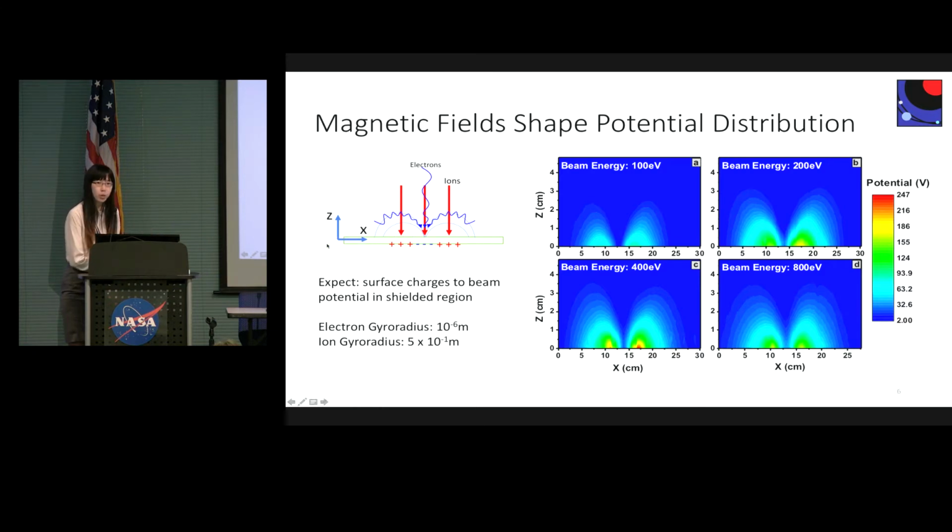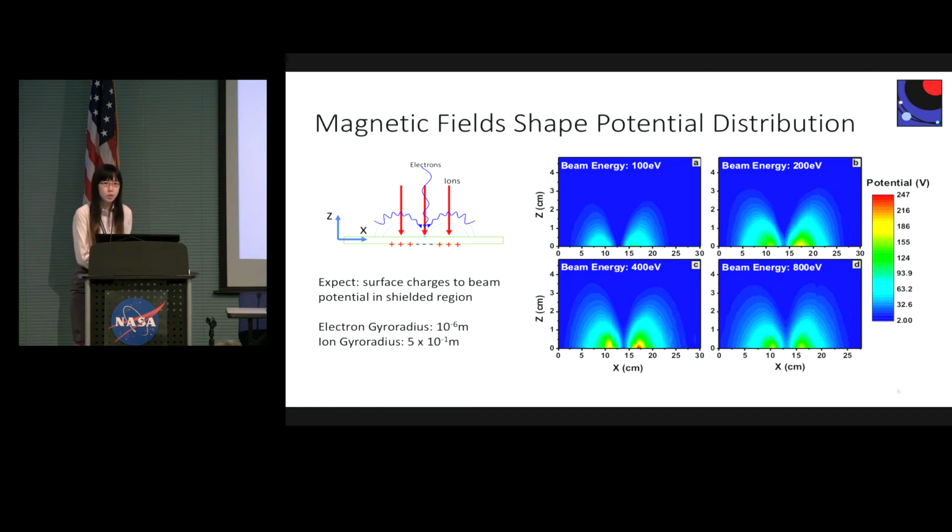And that's exactly what we observe in the potential measurements that I'm showing to you on the right here. So you can see that for a variety of incoming ion solar wind energies, you do observe quite a large positive potential, especially close to the surface of the insulator. The z direction is the direction of the incoming beam, and the x direction is parallel to the insulating surface.